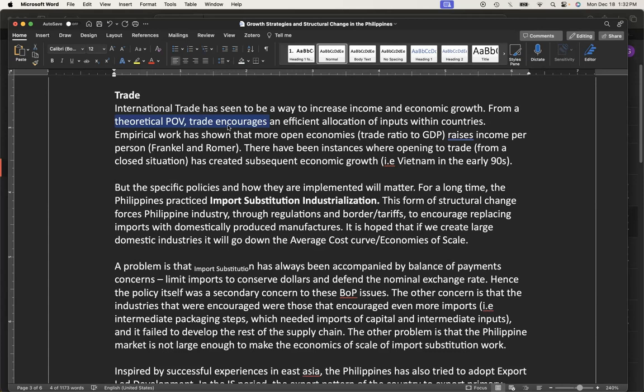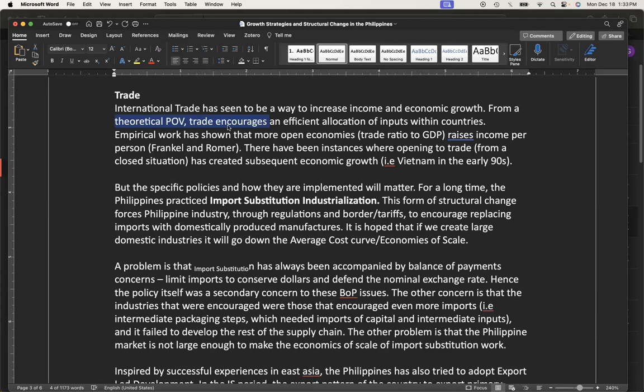And this was the policy mainly for most of the 20th century after the war for many developing countries, including the Philippines. So import substitution is a form of structural change, which again, we will discuss in a moment, which forces Philippine industry through regulations or border tariffs or other regulations to encourage replacing imports with domestically produced manufactures.